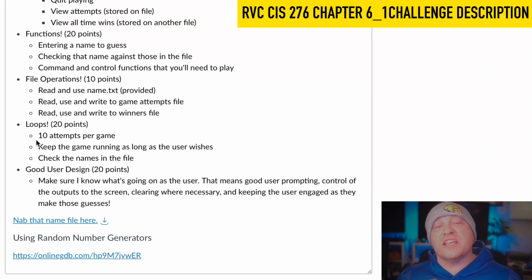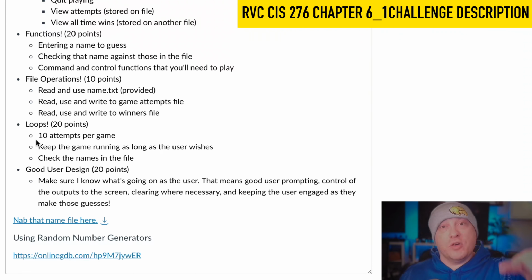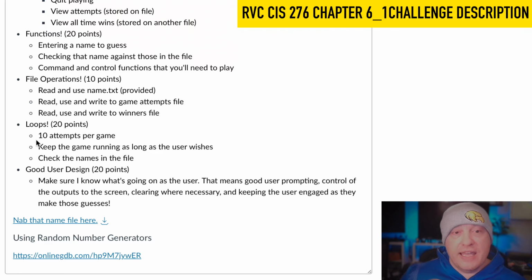Number 2 is keep the game running as long as the user wants. Just like with the vending machine, I don't want it to shut off as soon as we're done. I want to be able to keep running and keep guessing even if I failed out the first time. So the game itself is going to be managed inside of one gigantic loop. That is a hint. Do with it what you will.